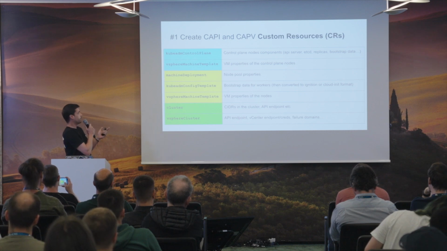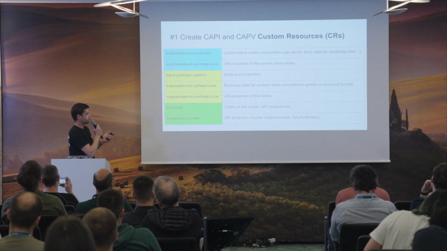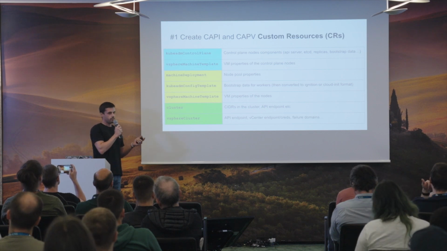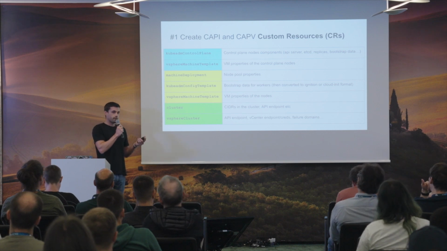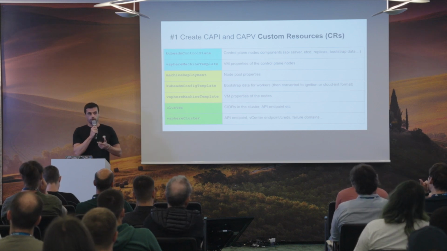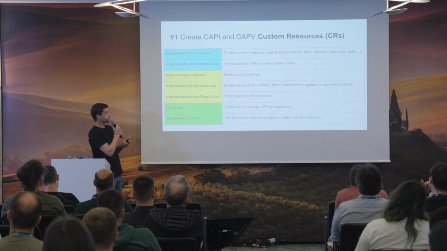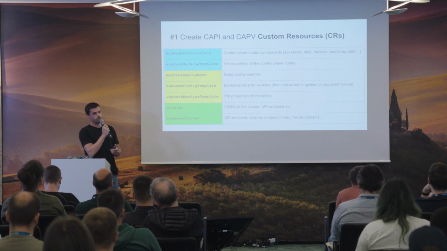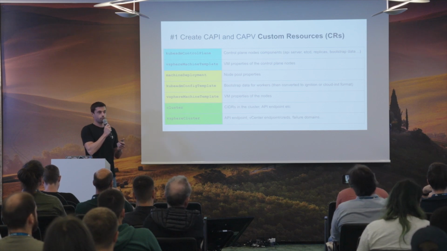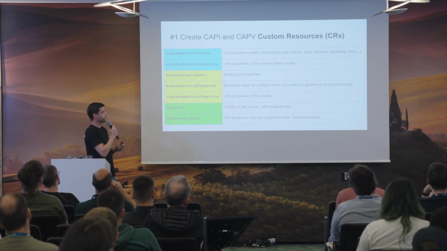So we have a kubeadm control plane where we describe our API server, etcd, how many replicas we want to use, and the bootstrap data that we want to use to configure the Kubernetes nodes. And then we have an infra machine template that will describe what the virtual machines should look like in VMware.